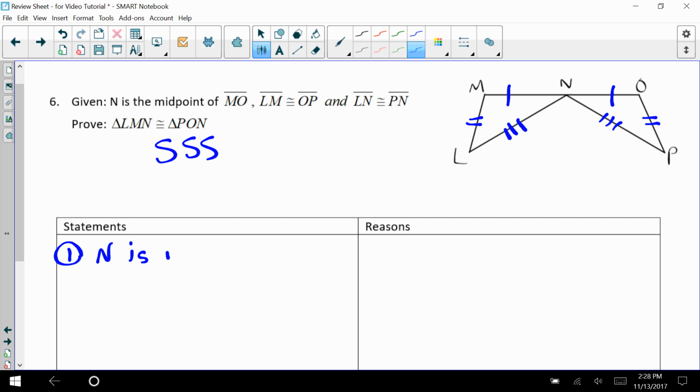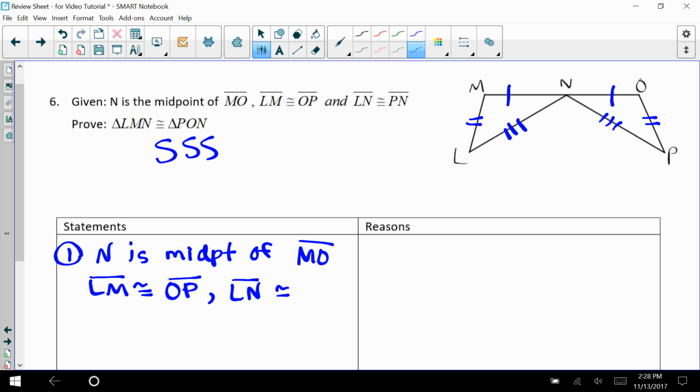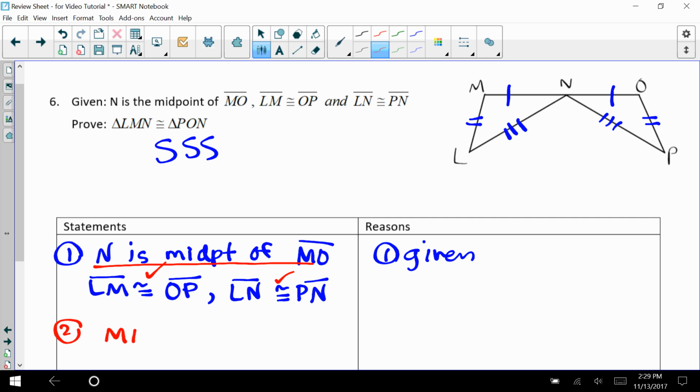So if N is the midpoint of MO, LM is congruent to OP, and LN is congruent to PN. That's our given. But we only have two statements that show congruence, these two sides. So let's see. If N is the midpoint of MO, we can say that MN is congruent to ON, because this is the definition of a midpoint.